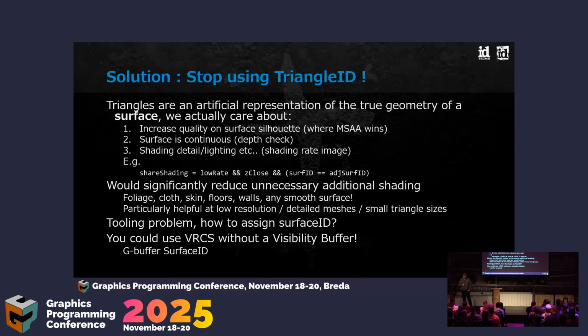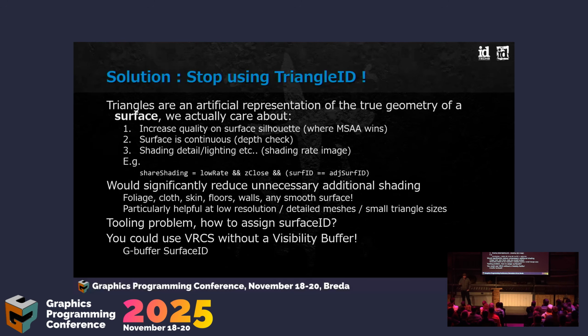So the solution is we've written a lovely renderer using triangle ID, and now we want to stop using it. What we actually care about is continuous surfaces, like the real world. So we care about the silhouette of a surface. This is analogous to MSAA, where you're getting a win on the silhouette of a surface, but you're also paying for the MSAA resolve internally, and you can't see any benefit. This is exactly the same problem.